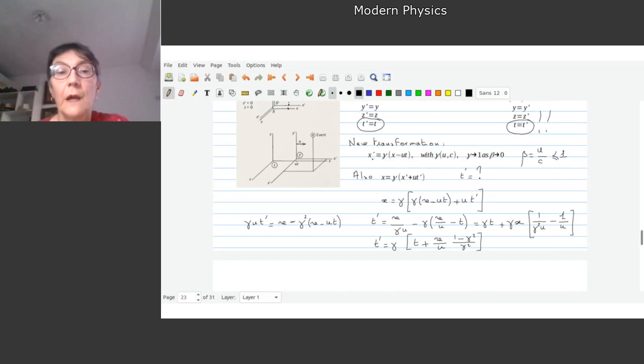And the other thing that will help us find this coefficient is the following. You should have the same transformation, and so you write x equals gamma x prime. What is x prime? It is gamma (x minus ut).